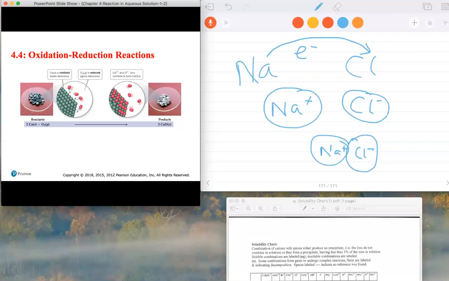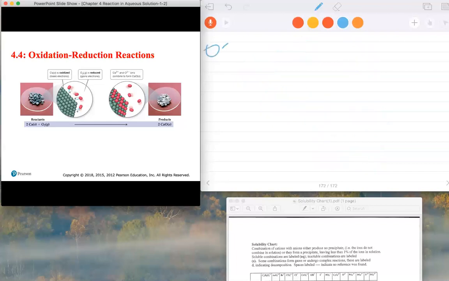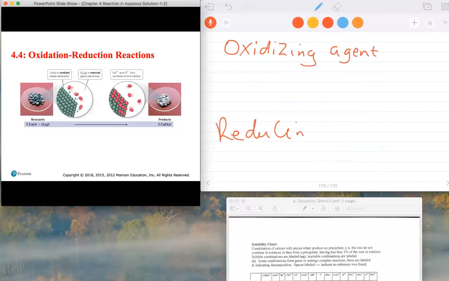What is oxidizing agent? There is oxidizing agent, and then there is reducing agent. There is oxidizing and there is what?